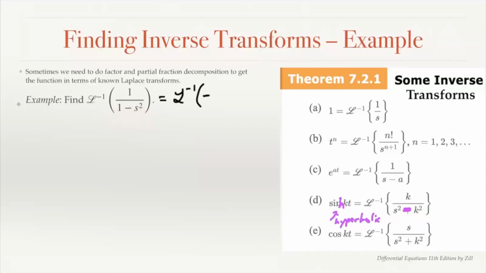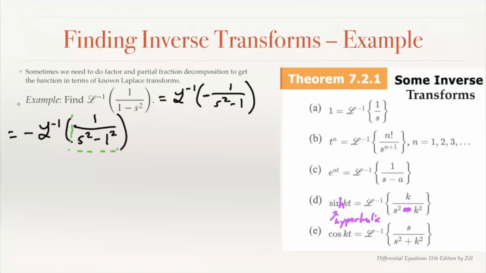We need to pull out a minus sign. Now it's 1 over s squared minus 1. Let's pull out that minus sign, and we have negative inverse transform of 1 over s squared minus 1. But 1 is 1 squared. And now that is the Laplace of hyperbolic sine.